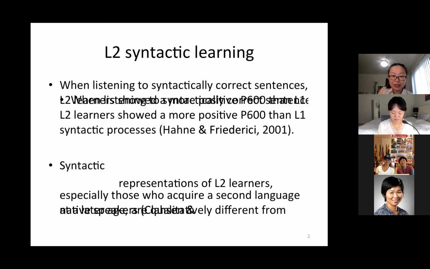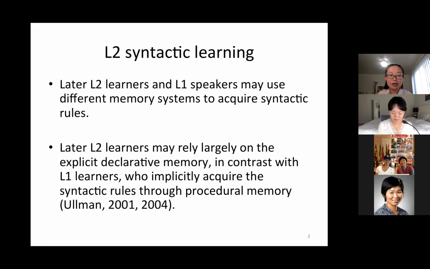This interpretation is based on findings from L2 learners and L1 learners. They use different memory systems to acquire syntactic rules. Especially for later L2 learners, they largely rely on explicit declarative memory.